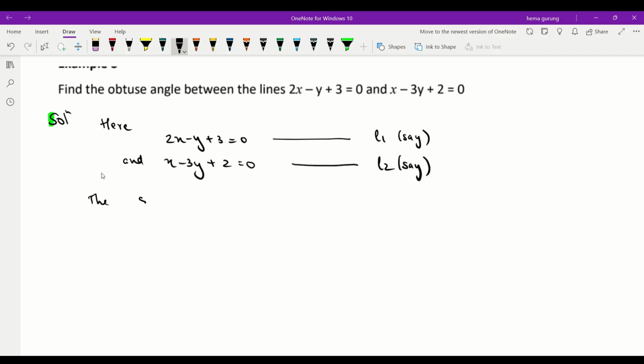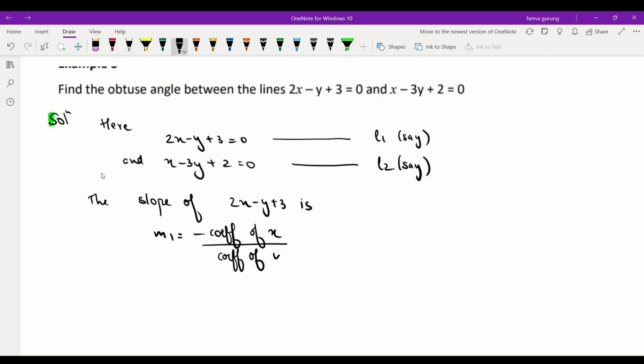The slope of 2x minus y plus 3 is m1, which is equal to, if you remember the formula to find the slope, basically for faster calculation we use this way: minus coefficient of x divided by coefficient of y, which is minus 2 divided by -1, which is 2.